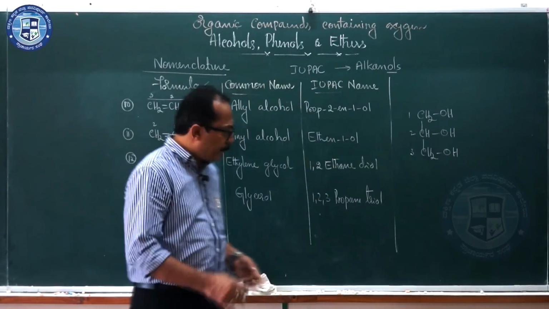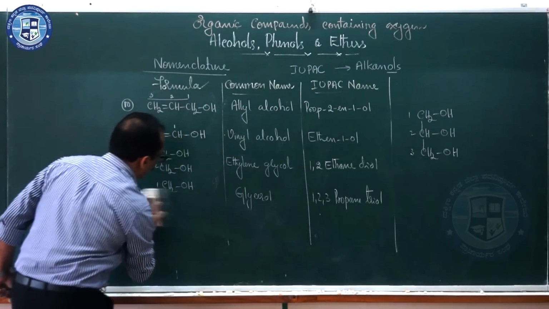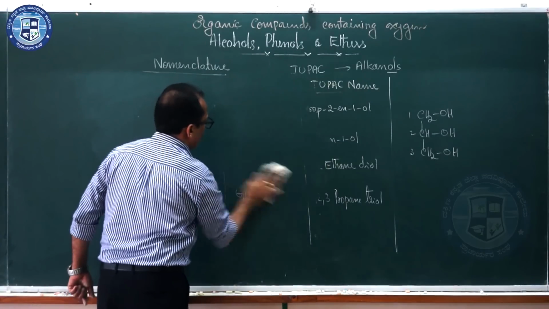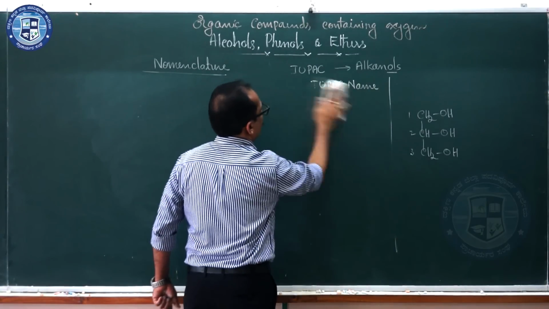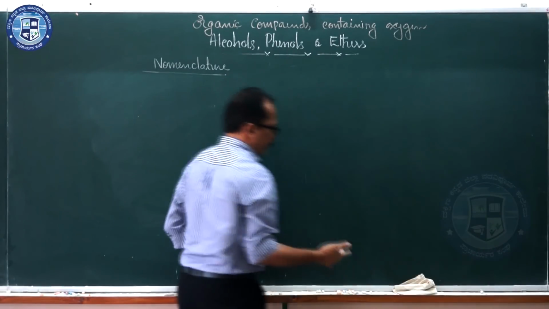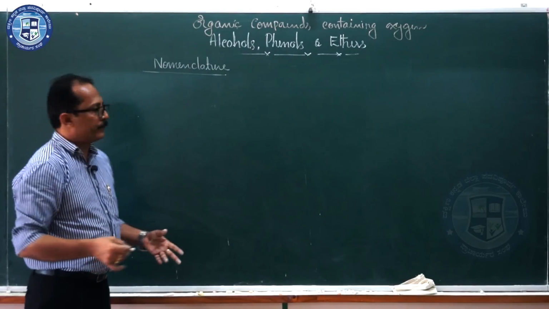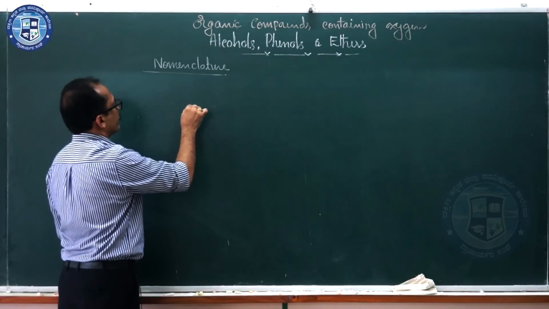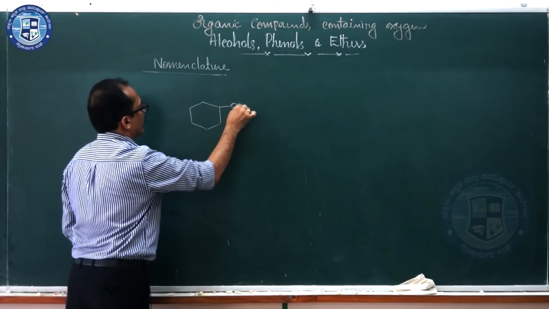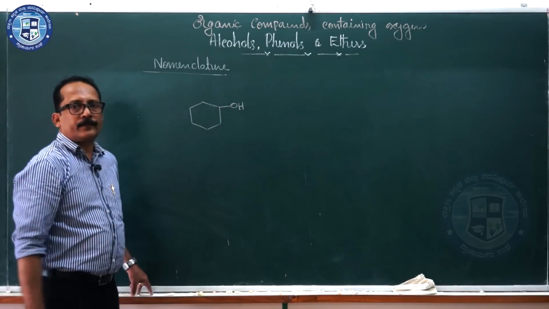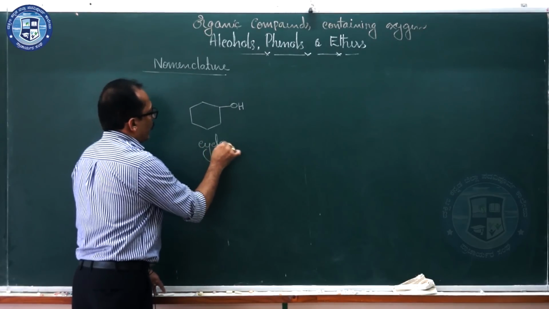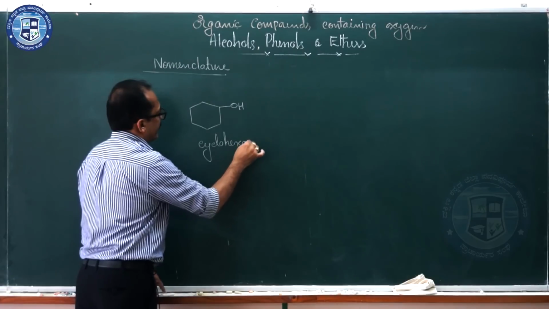Now, we will take some examples. Nomenclature of cyclic alcohols. Now, look here. This compound is called cyclohexanol.